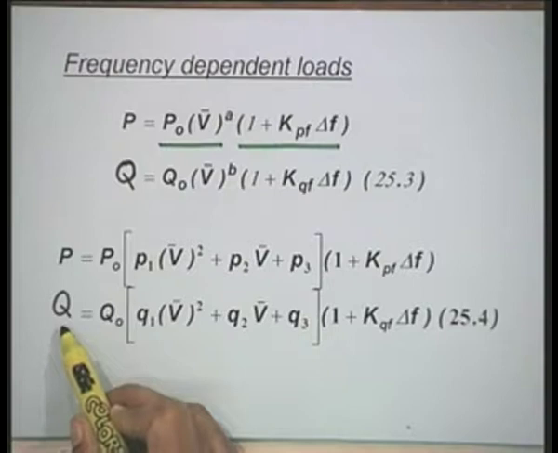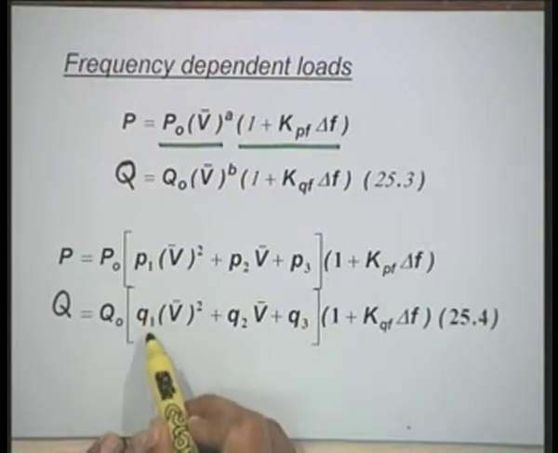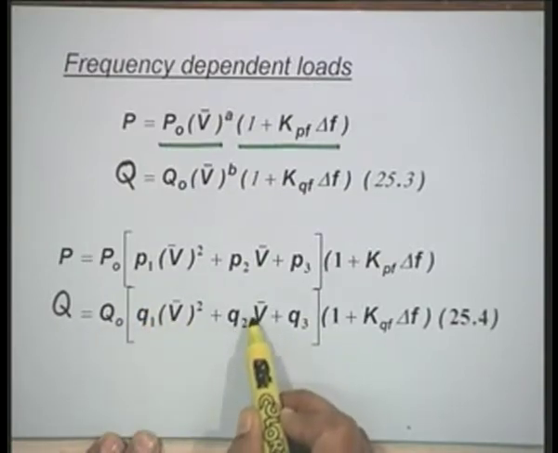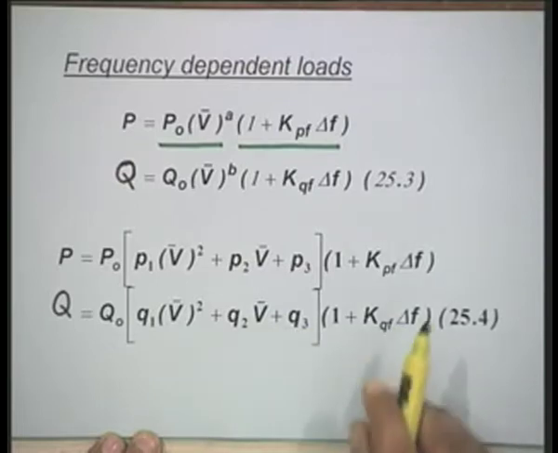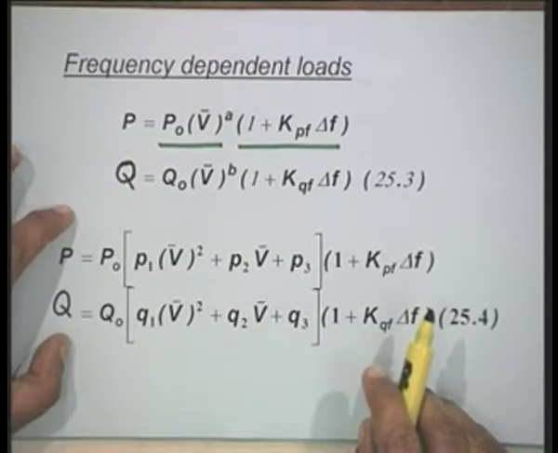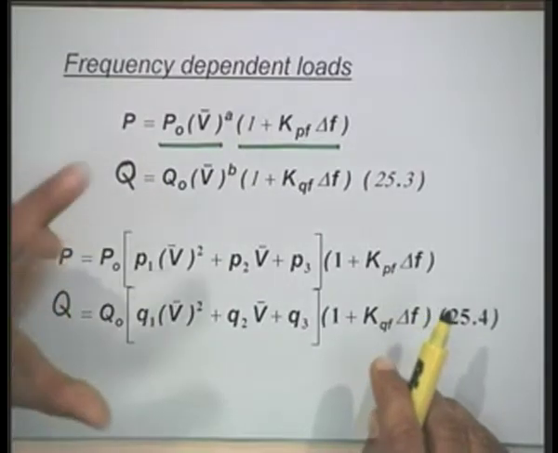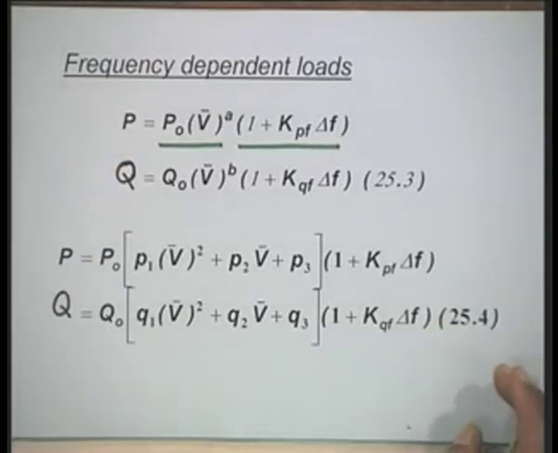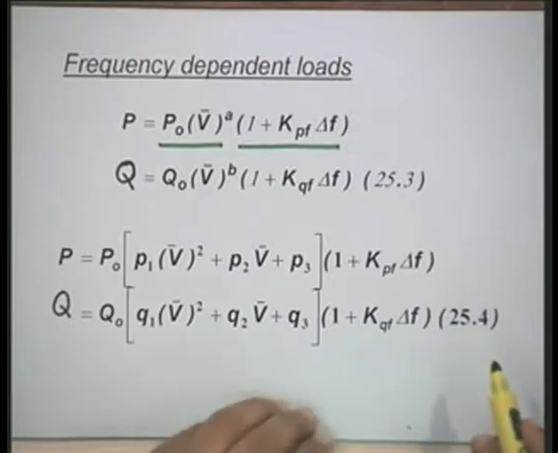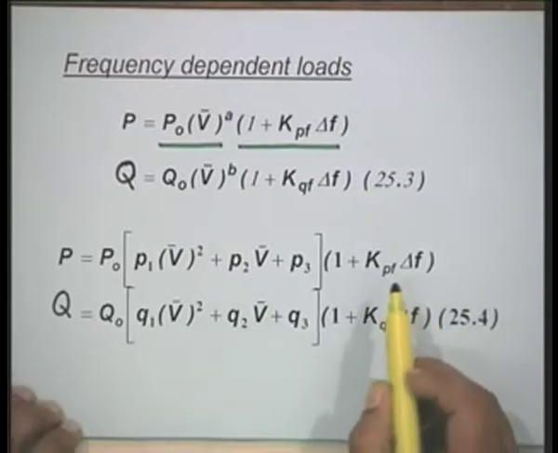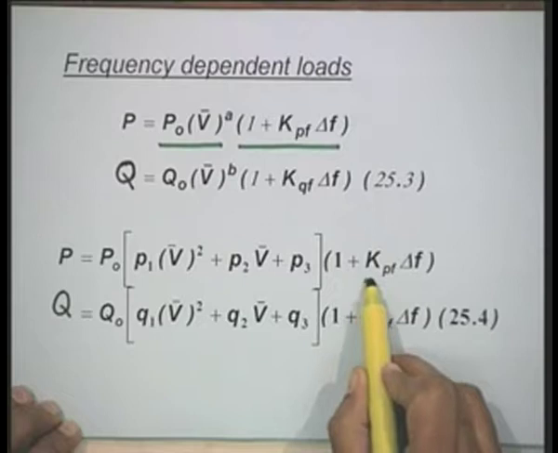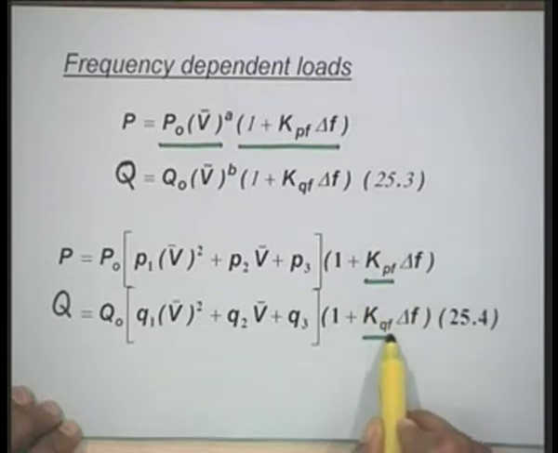Similarly, Q can be represented as Q naught into Q1 V bar square plus Q2 into V bar plus Q3 into this. Therefore, this becomes a very general representation of a load which now accounts for change in magnitude of the voltage and also change in frequency, that is frequency deviation. Now, one has to understand what the values of these coefficients Kpf and Kqf are.